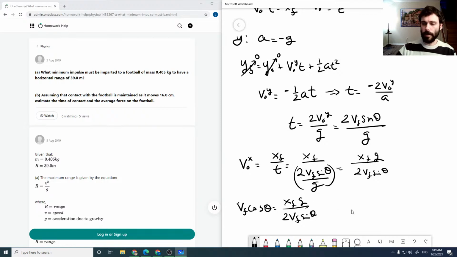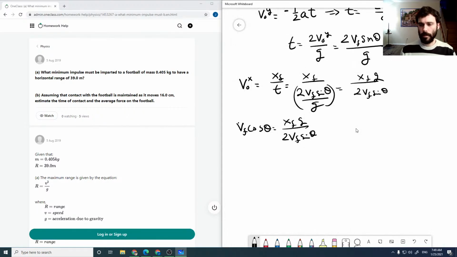We can now rearrange this to say that VF squared is equal to XF G over 2 sine theta cos theta. Now, this is a trig expression, so sine of 2 theta is equal to 2 sine theta cos theta.